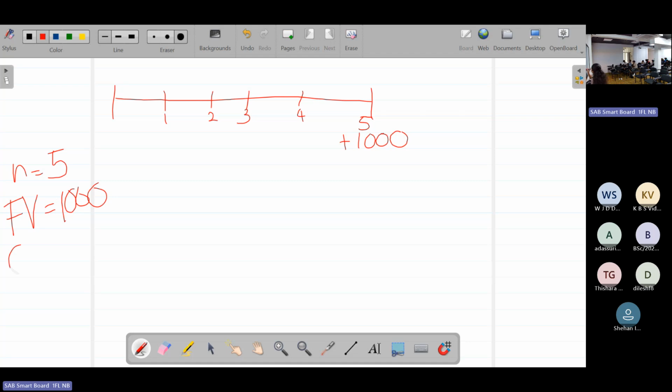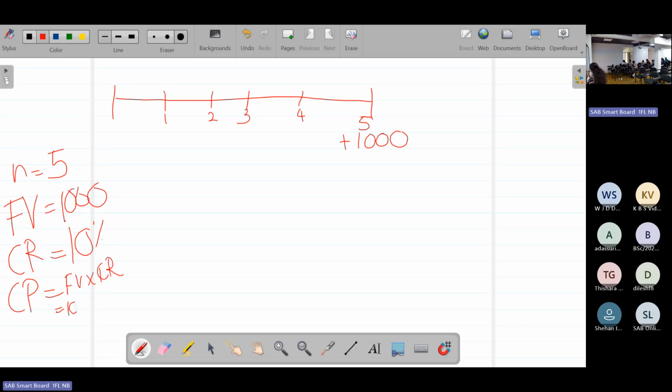Coupon rate CR equals coupon rate. I don't have the question, that's why I'm asking. Coupon rate, anyone? 10%. Coupon rate 10%. So then coupon payment: again face value multiplied by coupon rate.